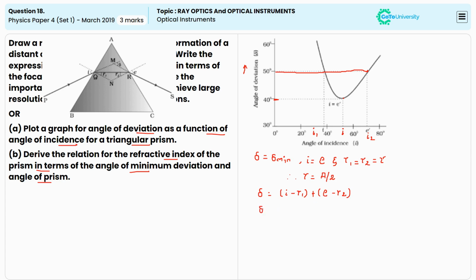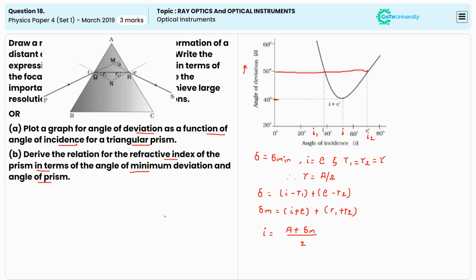Then delta minimum is equal to 2I minus A. Then I is equal to A plus delta minimum divided by 2.